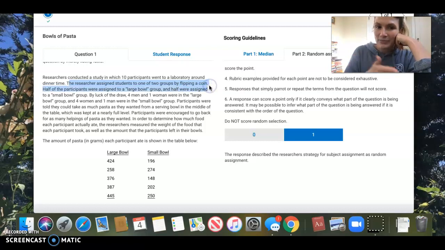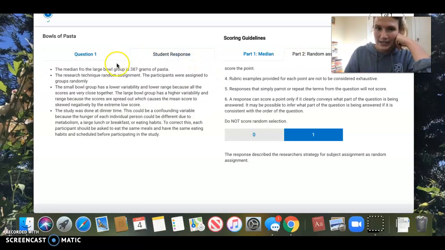This assignment of participants to groups is called random assignment. So here he says the research technique is random assignment. The participants were assigned to groups randomly. So the point again here comes from describing the process as random assignment.